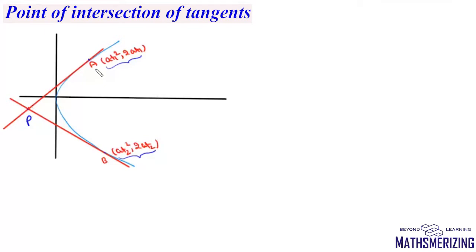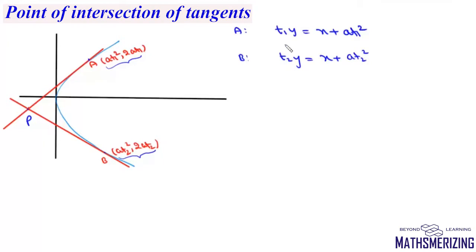So we know that at A the parameter is t1. So at A, the equation of tangent will be t1y = x + at1², and at B it is t2y = x + at2². Now first we'll find y, so we'll eliminate x.